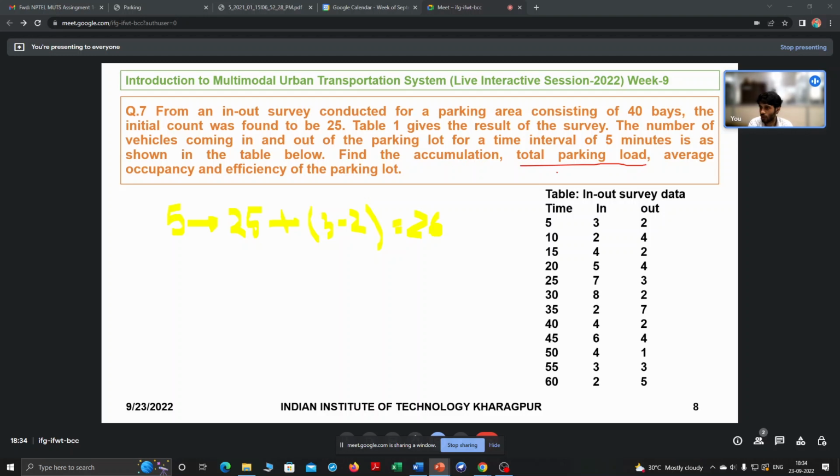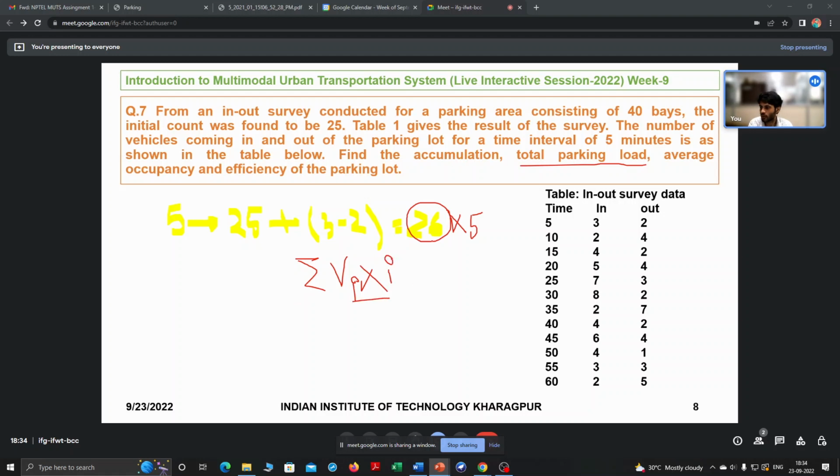Parking load is the number of vehicles times time, and the summation, right? So it is the number of vehicles in each time period multiplied by the time period itself, right?